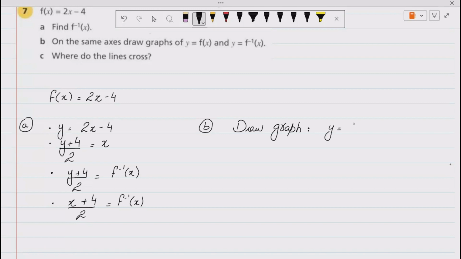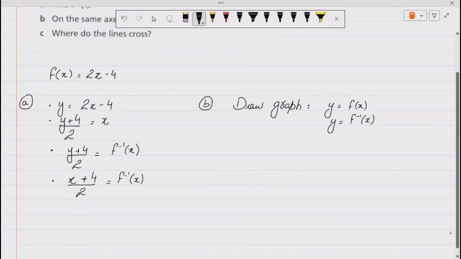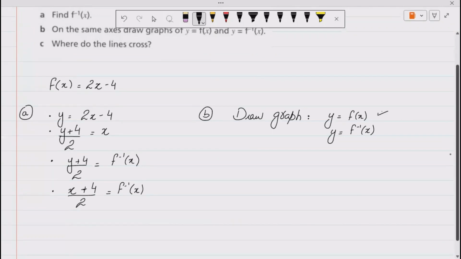Y equals f of x is the first one, and y equals f inverse of x is the second one, both on the same graph, right? On the same axes. Okay, so let's first prepare these. So y equals f of x is 2x minus 4. This is our equation 1.